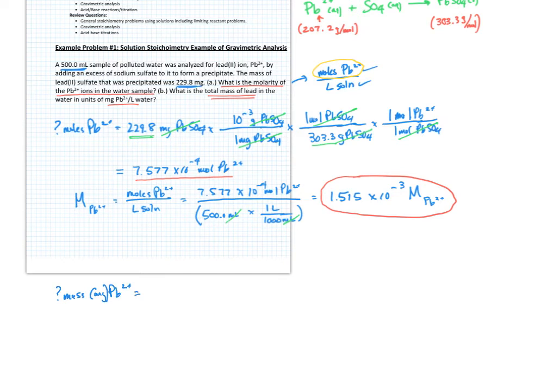So I'm going to use the number of moles I found, 7.577 times 10 to the minus 4 moles Pb2+, times 207.2 grams Pb2+ for every 1 mole of Pb2+.